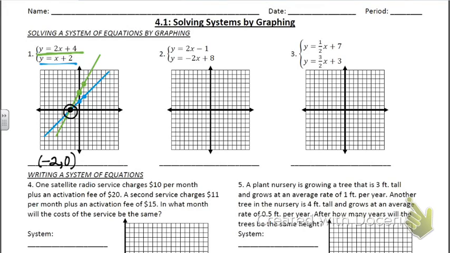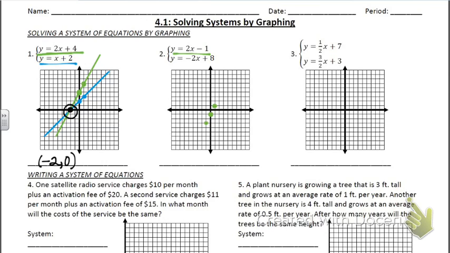Okay, so for number 2, y equals 2x minus 1. How would I graph that? David, how would I graph y equals 2x minus 1? You go down 1 on the y-axis. Okay. And then for the rise, you go up 2. And then 1 to the right. Okay. And then you go down 2. And then 1 to the left.